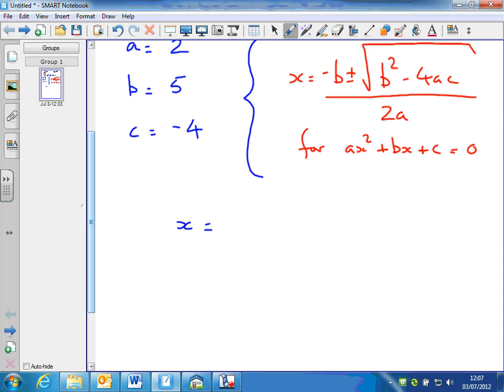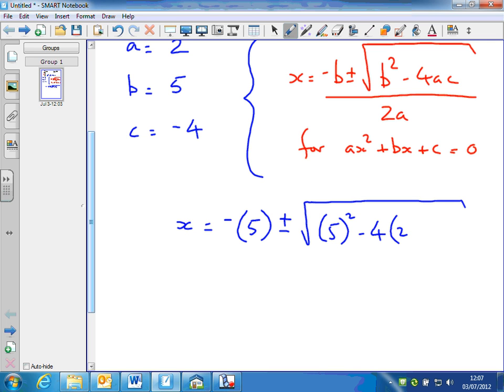So minus b will be minus whatever b is, which is 5, plus or minus the square root of b squared, so 5 squared, minus 4 times a, which is 2, times c, which is minus 4, all over 2 times a, which is 2, and then try and work it out.